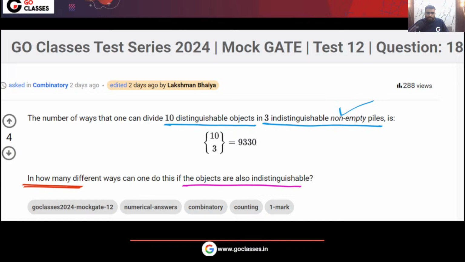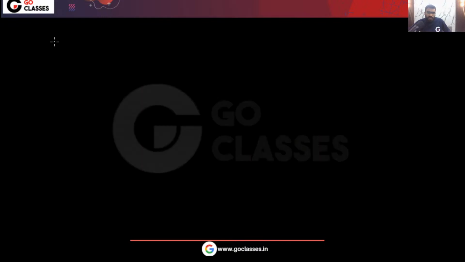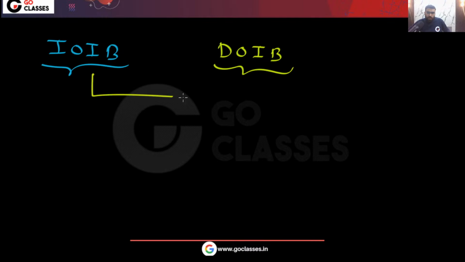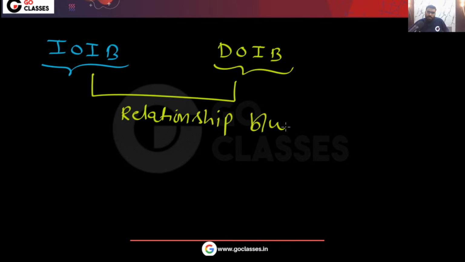In this question, I want to ask you the relationship between IOIB, identical objects identical boxes, and DOIB. Basically I want to ask you the relationship between these two. Yes or no? Is this clear? These two templates. That is the purpose of this question, right?